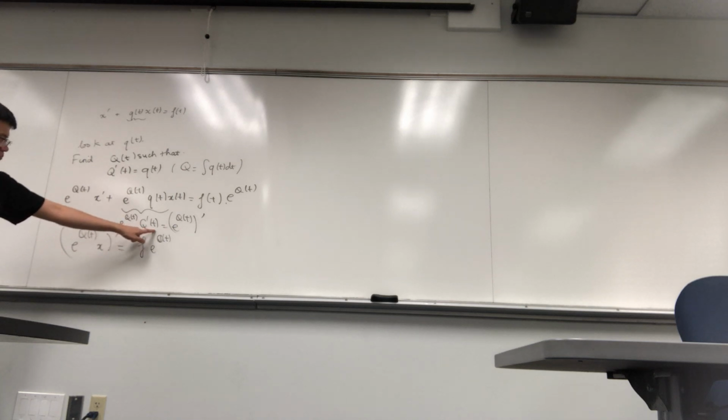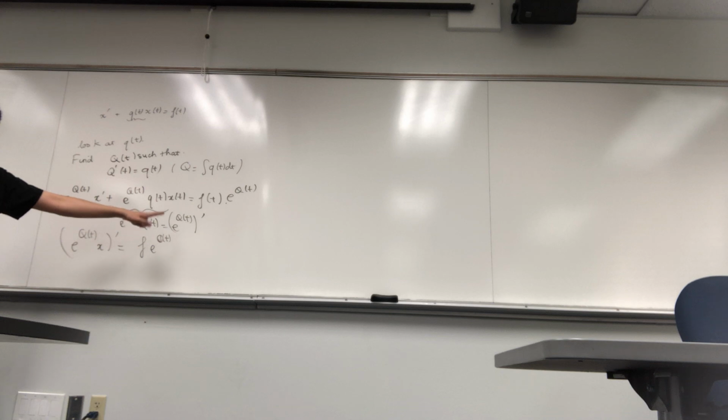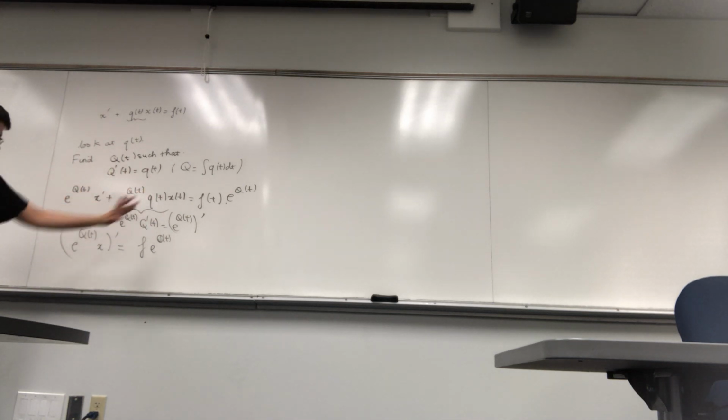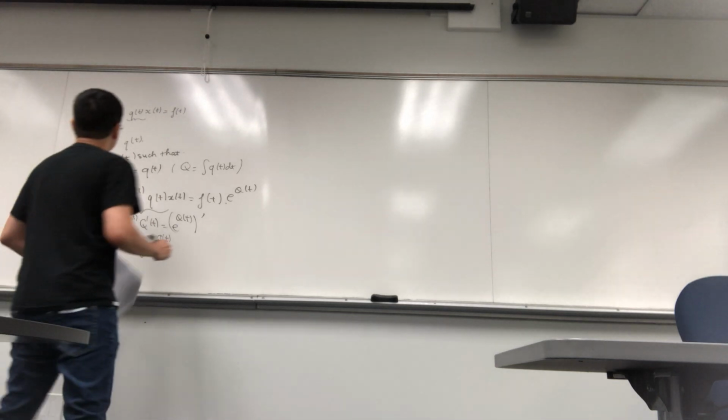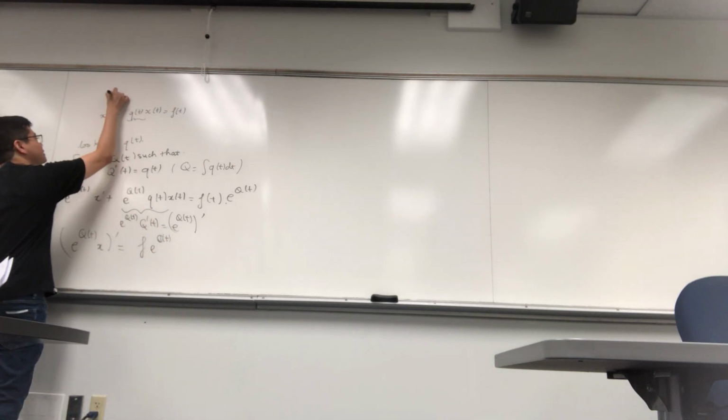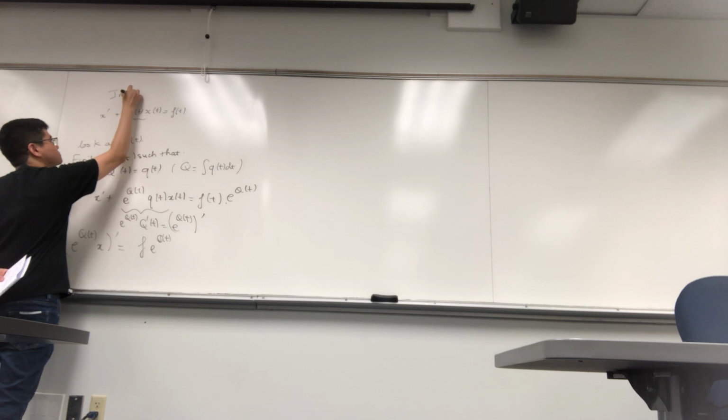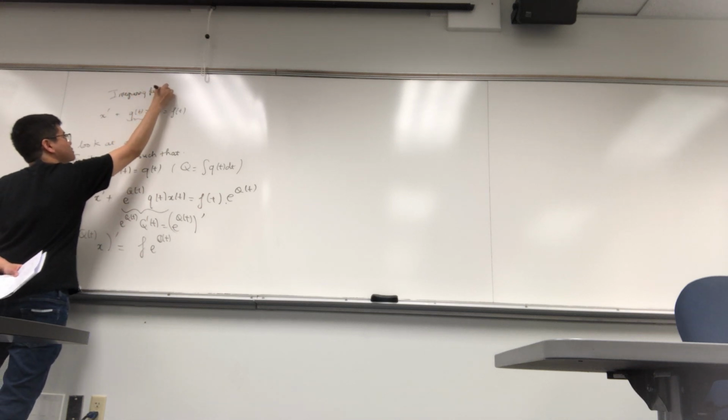So the whole term becomes the derivative of e to the capital Q. The left hand side changes into (e^Q x) prime, and this is equal to f e^Q. This is the so-called integrating factor method.